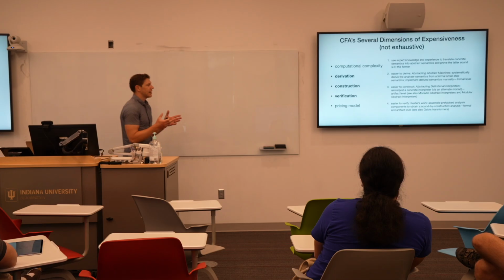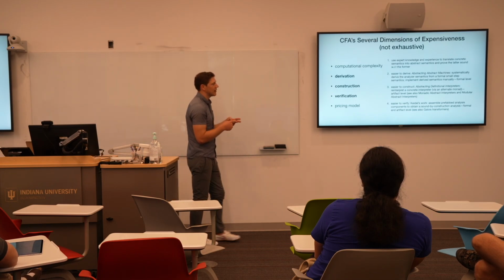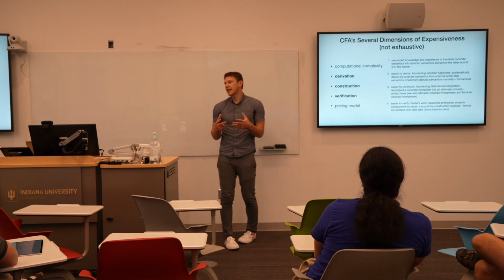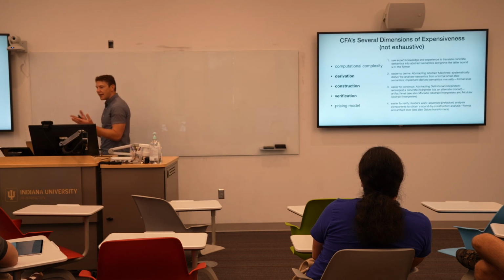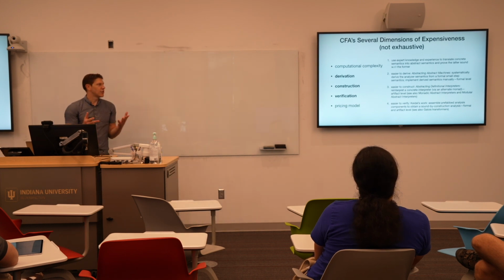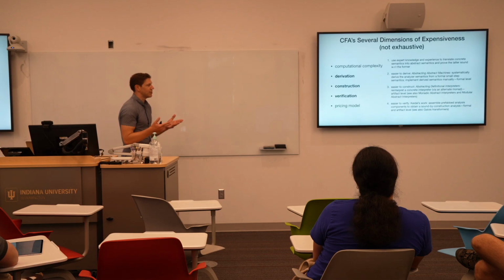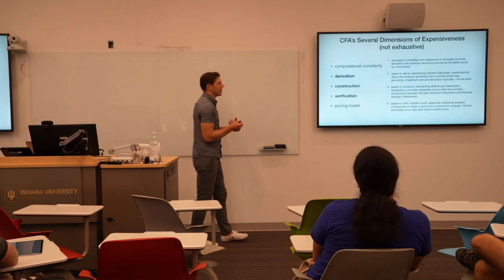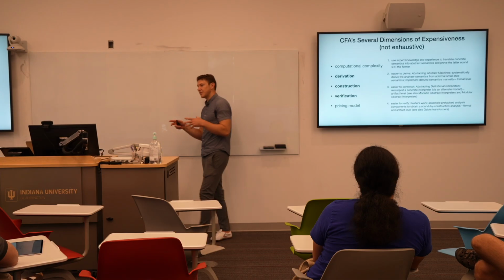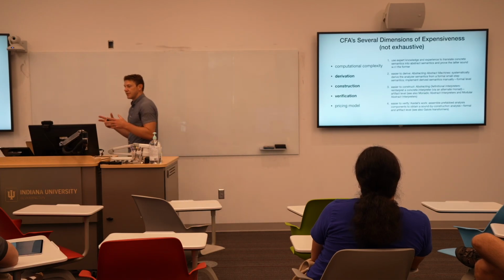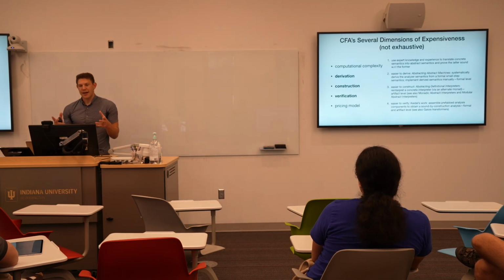Okay, now these three things: derivation, construction, verification. Basically, how expensive is it if you've got a problem and you say, well, I want to write a control flow analysis to prove these properties, give me this information. So it used to be that you just had no help, you had to be an expert, and you used your intuition to build something, to maybe formulate an abstract semantics.